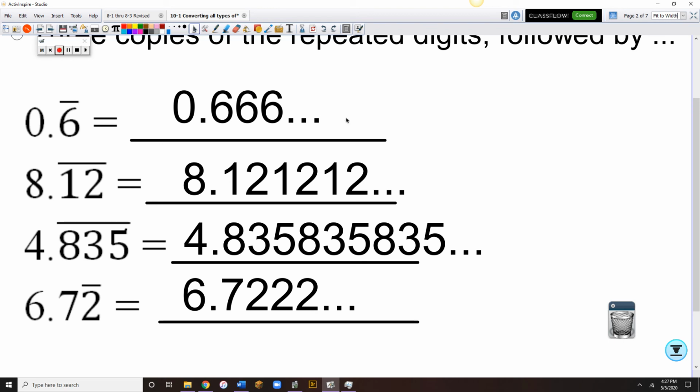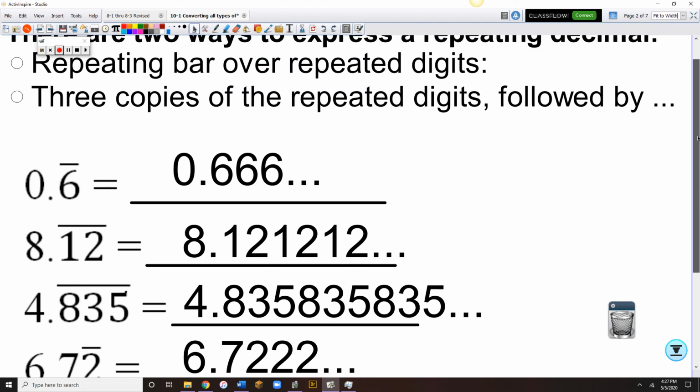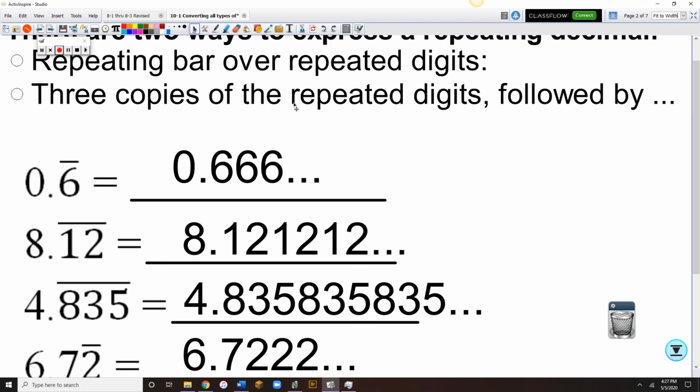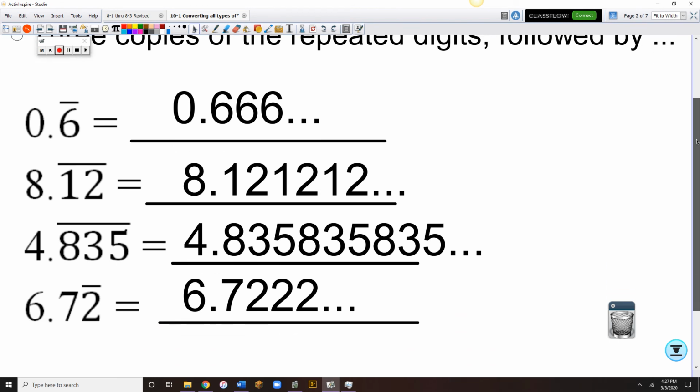First of all, if you are seeing something typed that has 666 and then dots, that would be an indication that it repeats and goes on forever with 6s. So if you have 3 copies of the repeated digits followed by dots, that means that those digits repeat forever.